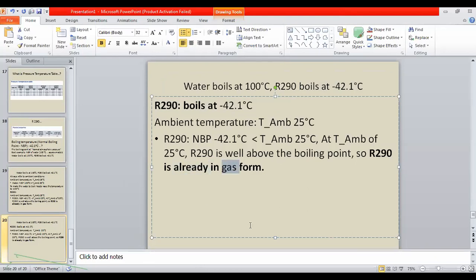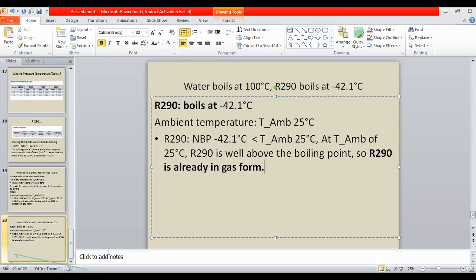This R290 boils at minus 42.1. Your temperature is 25, means at 25, R290 is already a gas.